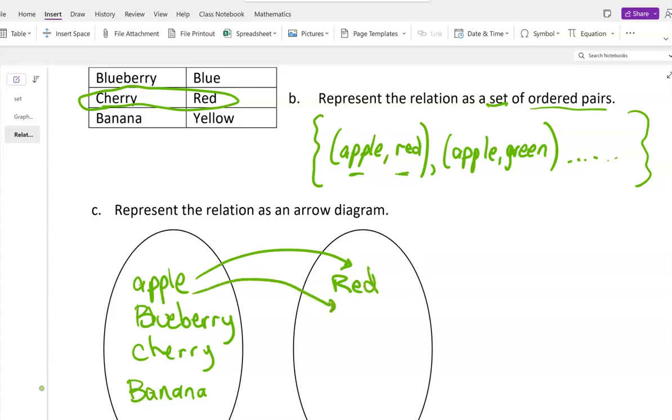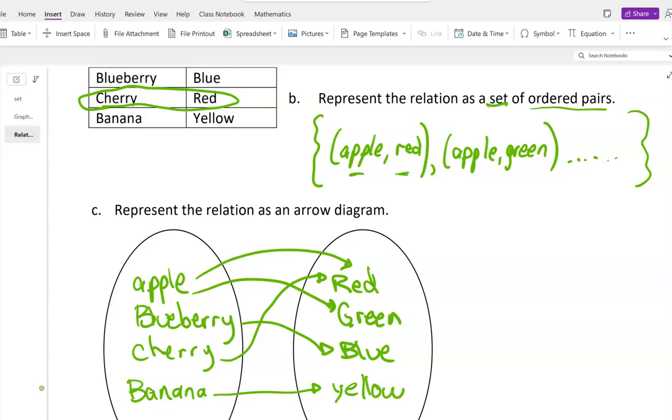It could also become green. So you can see there's two arrows leaving the apple. Blueberry is blue. And then the cherry is red, so we're going to put another arrow up there to red. And then the banana is yellow. So the arrow diagram just shows you how the two sets are related. So there's your first example of a relation.